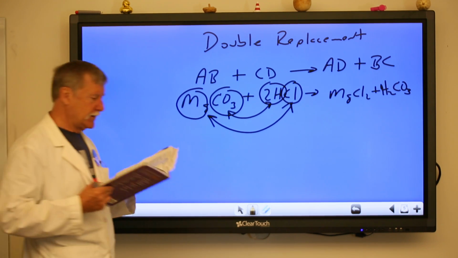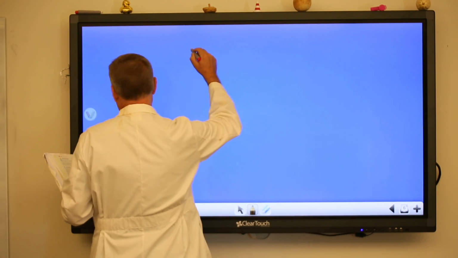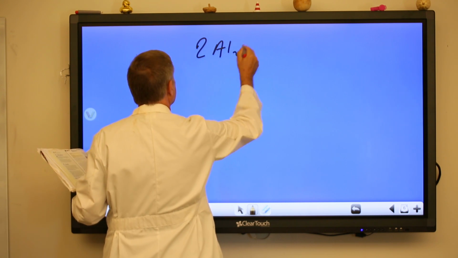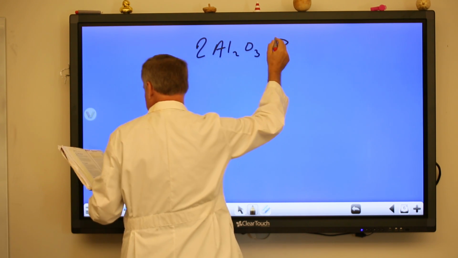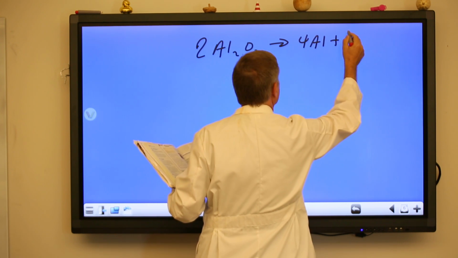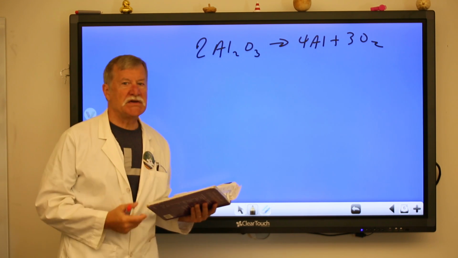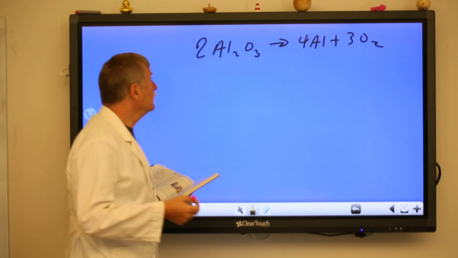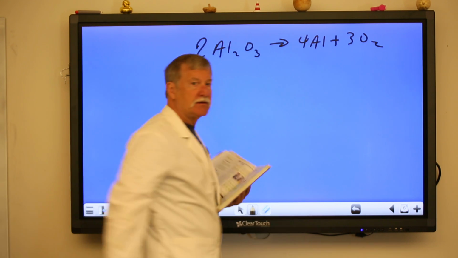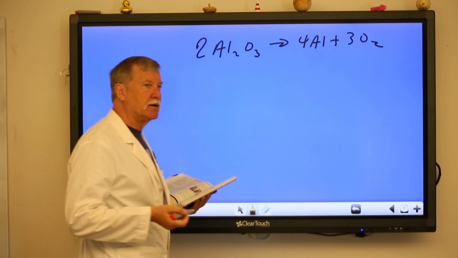All right? So if we write a bunch of equations on the board and we see 2Al2O3 yields 4Al plus 3O2, what kind of reaction is that? Well, I mean, you notice that there's one thing to begin with and two things to end with. So this is a decomposition reaction, right?